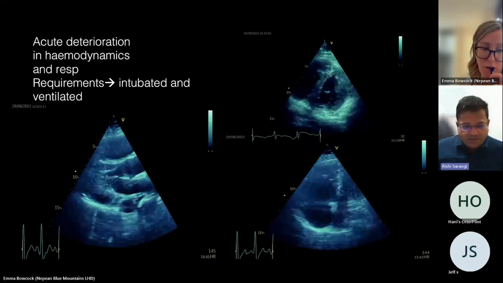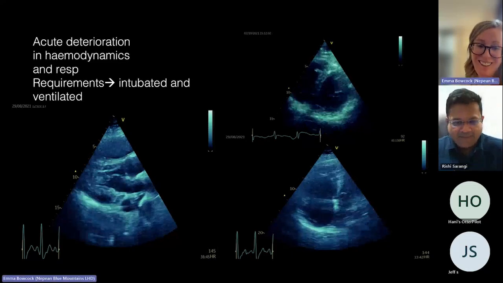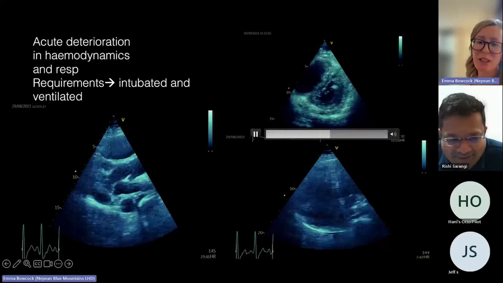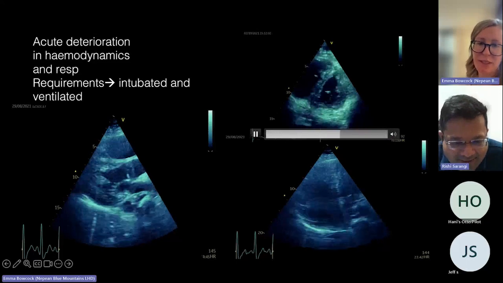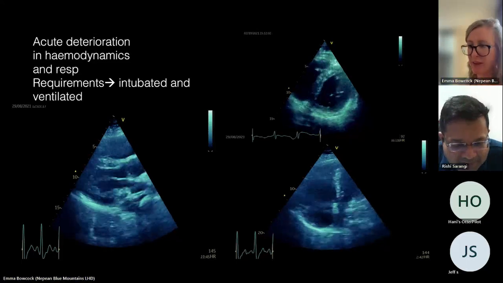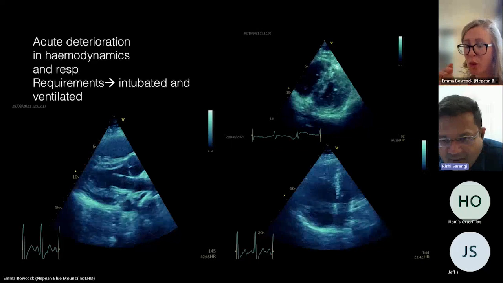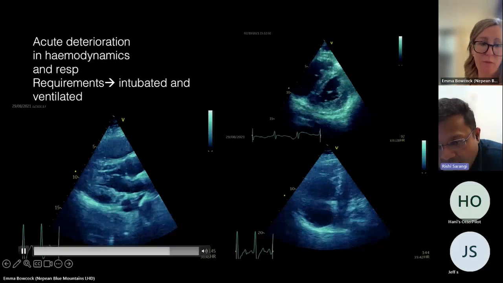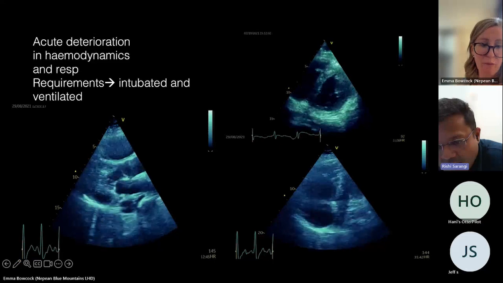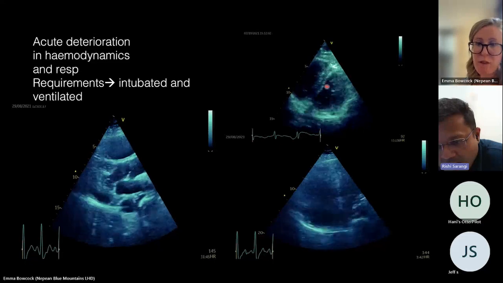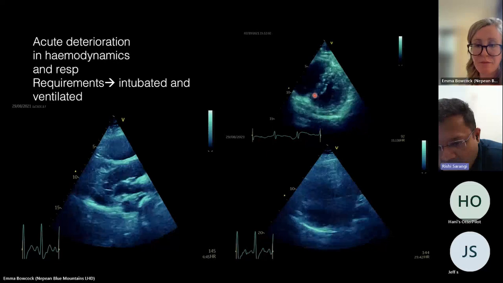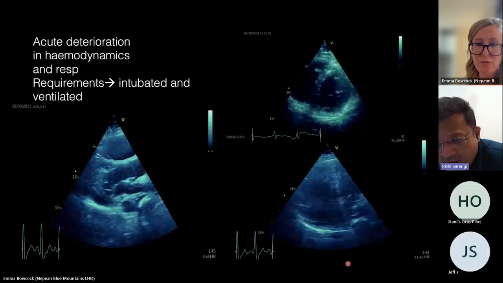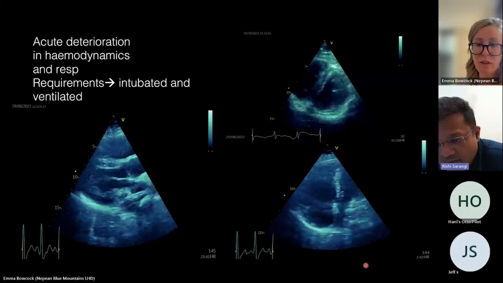It's the descending aorta. That's descending aorta. Yeah, nice. This isn't actually this patient, but it looked similar to that. So again, in the subcostal, parasternal short axis view, there's a D-shaped septum with evidence of pressure and volume overload. And again, with a RV which is at least equal to or more than the size of the left ventricle.